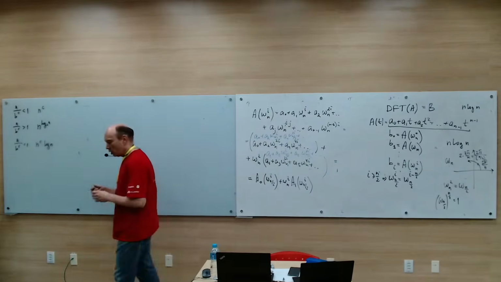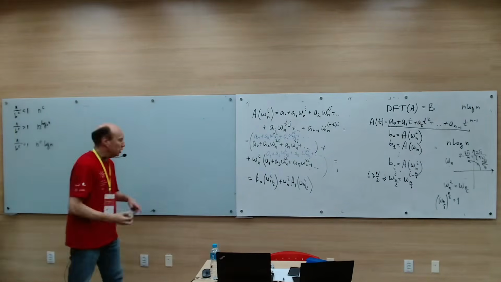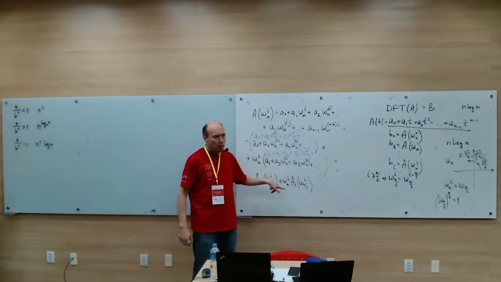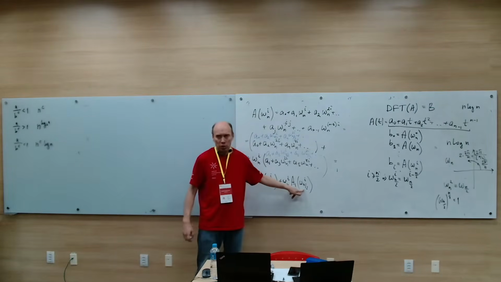So here we just reuse it again for the higher numbers. This one changes. Actually, you can clearly see that omega n to the power of n divided by 2 is minus 1. It's omega 2, which is minus 1. But this argument is not changing at n divided by 2.